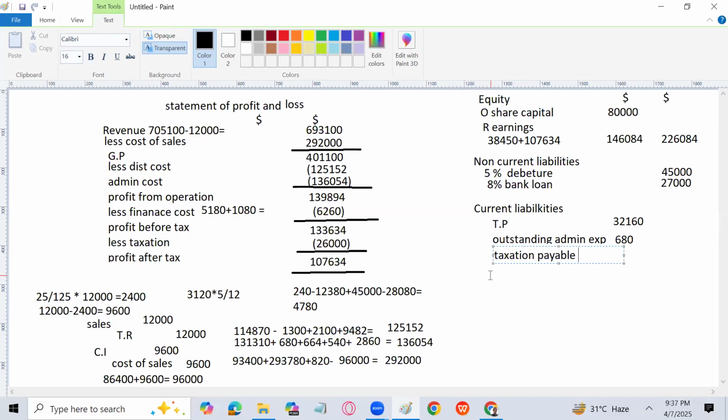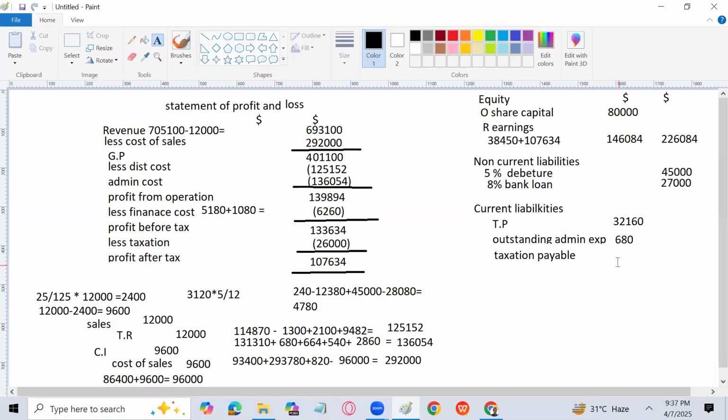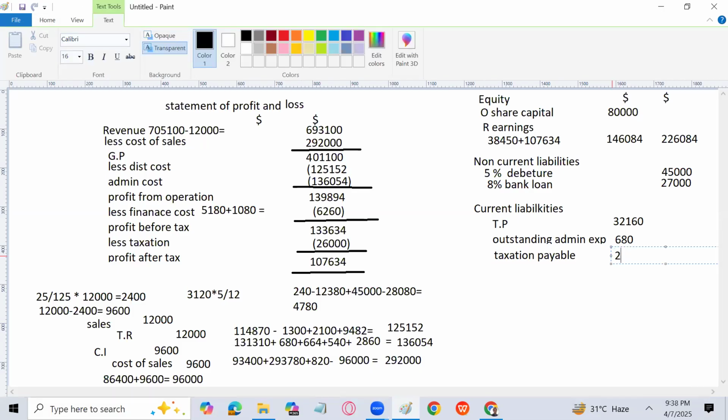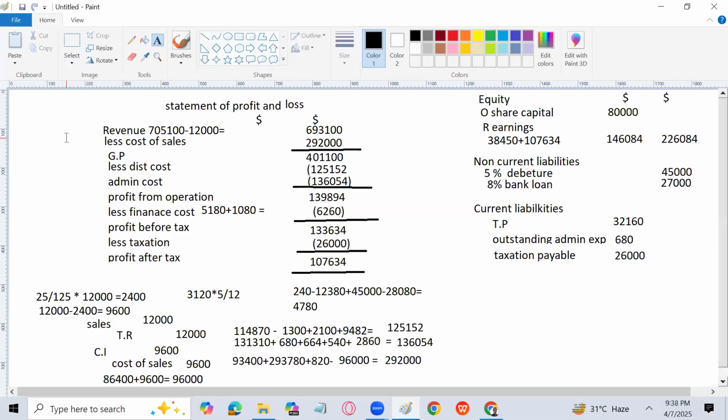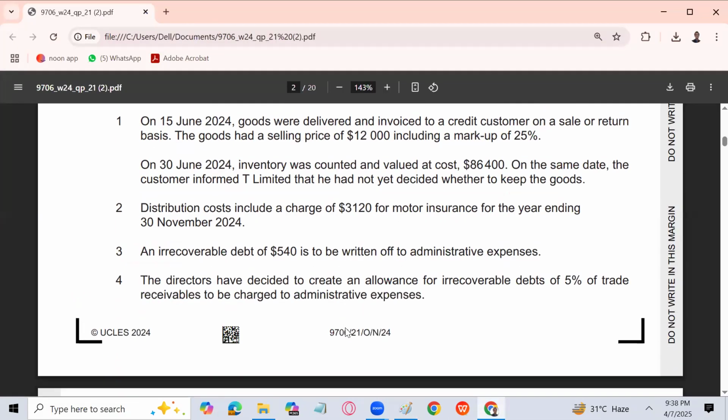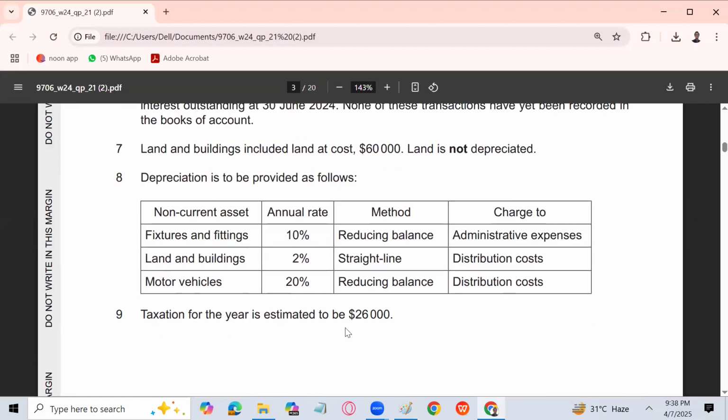Taxation payable will come because that is going to be a current liability. The 26,000 of tax, which is yet to be paid, will also be shown in the current liability section because he has clearly stated that there is a tax liability of 26,000. Where is it written? It is written here: taxation estimated to be 26,000.